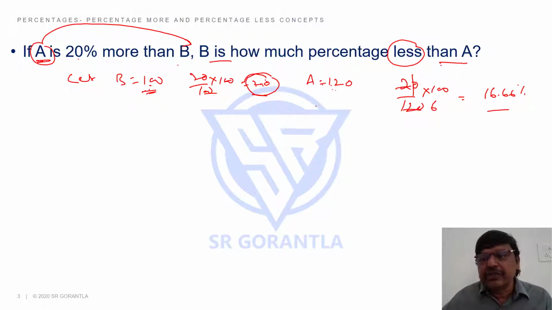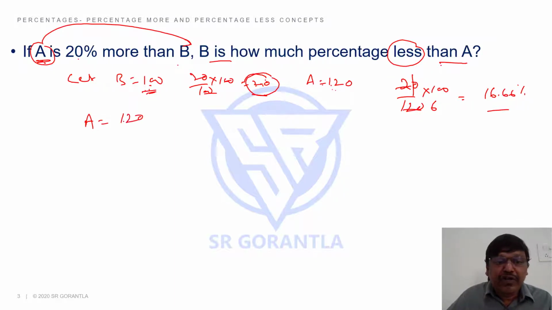Another way of doing it, students, you can directly say from the earlier class, if you recall the discussion, when I say A is 20% more than B, I can say A is 120% of B. 20% less is 80%, 20% more is 120%.